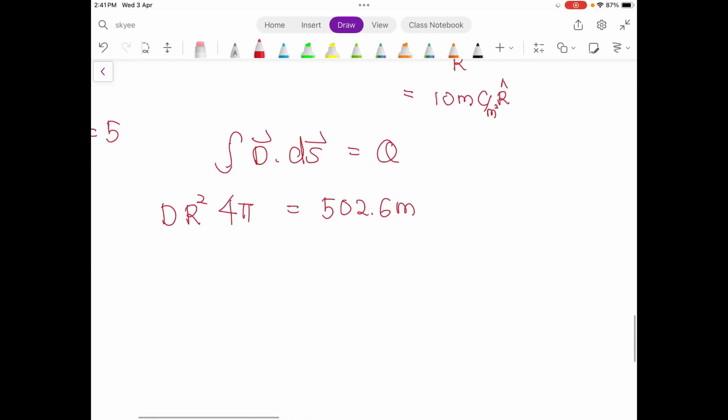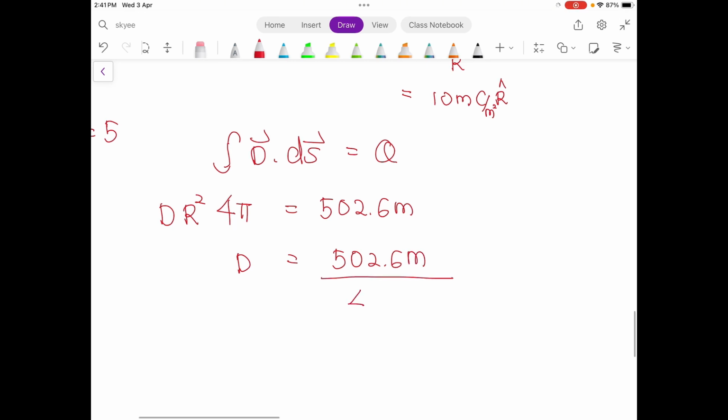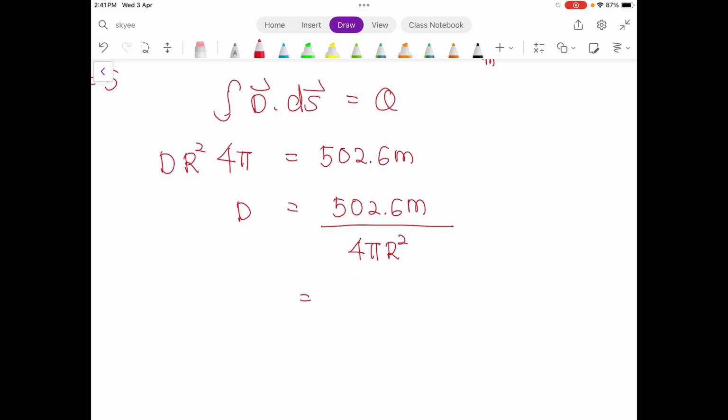So the D will be equal to 502.6 millicoulomb divided by 4 pi R squared. In this case, you replace R with 5, erase it and replace it with 5.